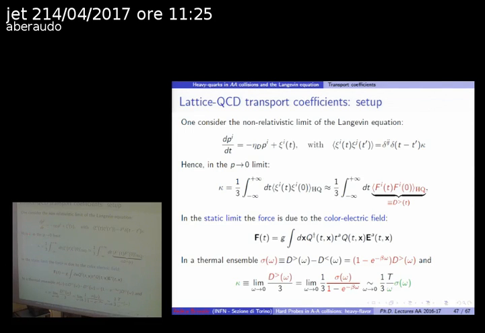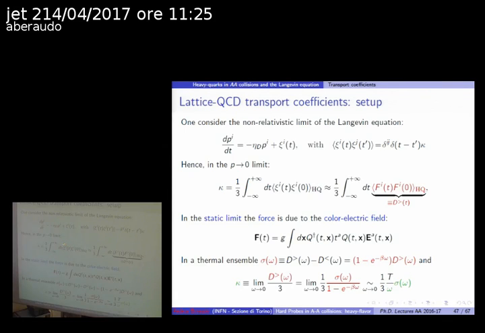If you integrate this time correlation from minus infinity to plus infinity, due to this delta function, you get simply kappa times 1/3 from the sum of the indexes which are contracted.